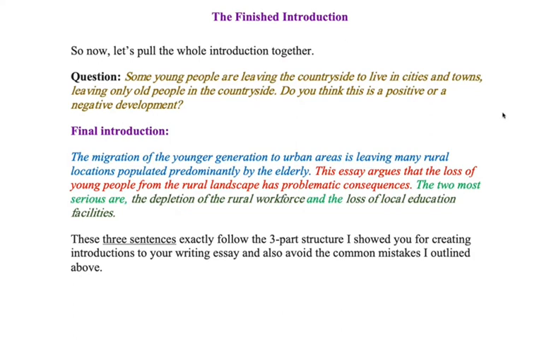This essay argues that the loss of young people, when they move from the countryside to the cities, is a loss to the rural landscape, which is the countryside, and this loss leads to problematic consequences. So what are the problematic consequences? The reduction or the depletion of the rural workforce, number one. Number two is the loss of the local education facilities.